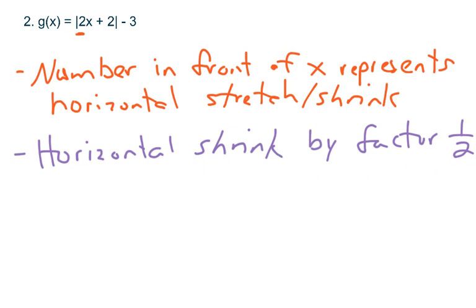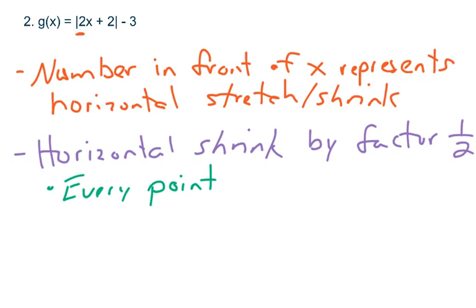So what this really means is that every point on the graph, because really, if I take away this 2, this is the same function that we just graphed. This is example number 1, but with a 2.